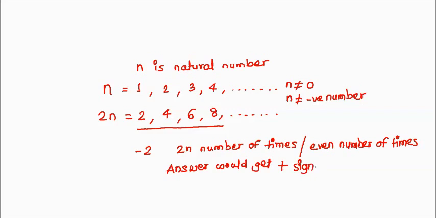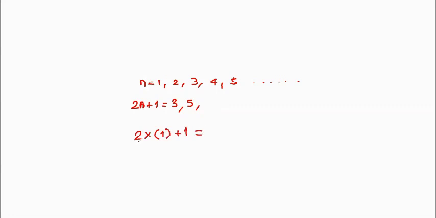The second one they are asking is, what happens if we multiply minus 2n plus 1 times? Let's take the cases n equal to 1, 2, 3, and so on. For n equal to 1, 2 into 1 is 2, plus 1, 3.